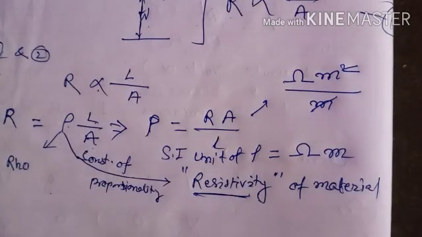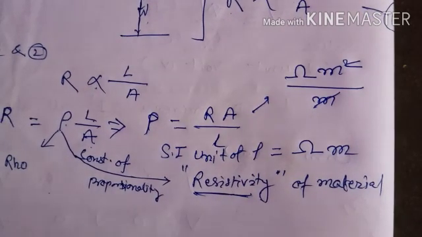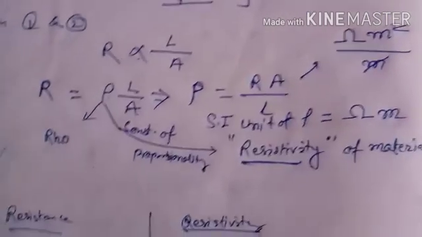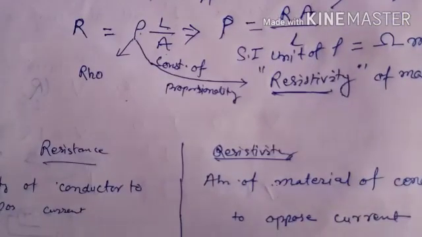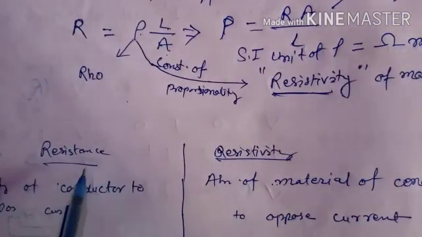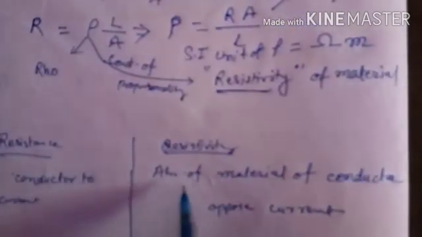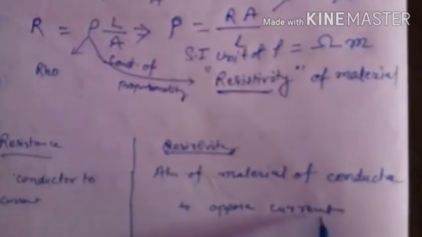And here one question arises: what are the differences between resistance and resistivity? Resistance is the ability of a conductor to oppose current, but resistivity is the ability of the material of the conductor to oppose current.